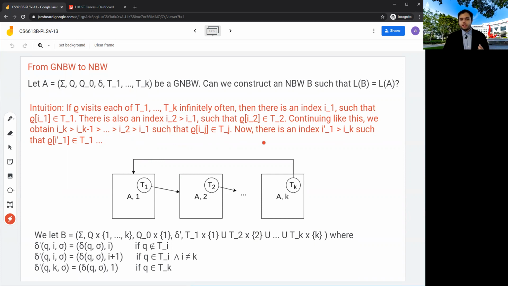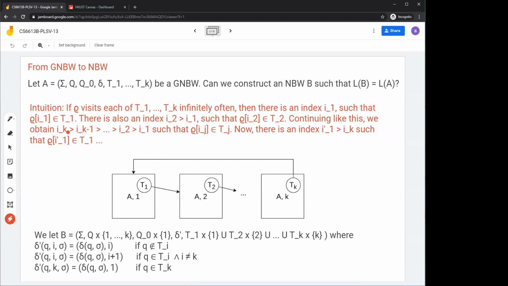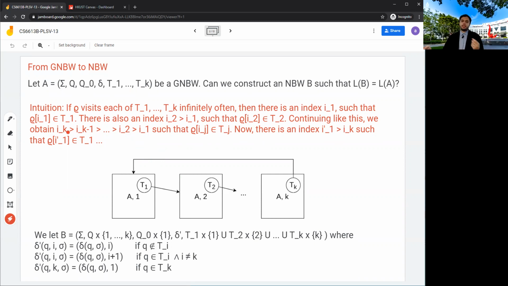But then I can just continue with this. Then I can look only at the suffix after Ik and say that, well, I'm visiting my first target set T1 infinitely many times. So in the suffix after Ik, I have to visit T1 again, right? And this gives me another index I prime 1, which is greater than Ik, such that at that index I'm in T1, and then I can just continue with this over and over again.